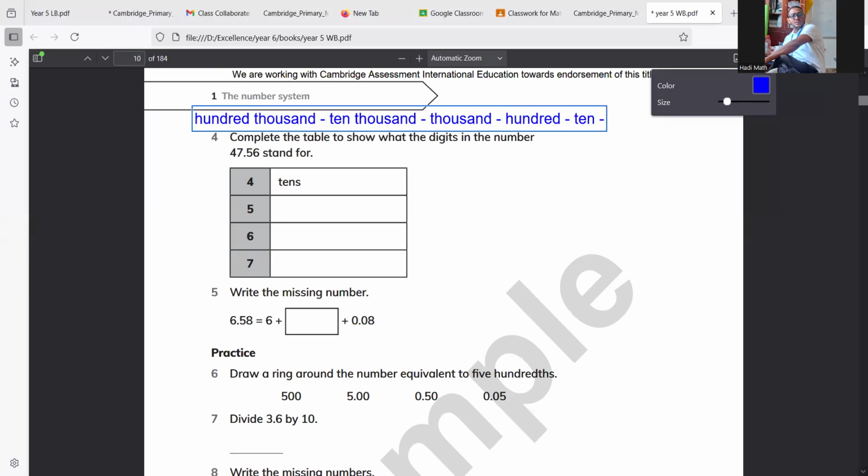And less than 10, we have ones. And then we have a decimal point. The first digit after the decimal point, we call it tenths. The one after, we call hundredths. And the one after, we call thousandths.